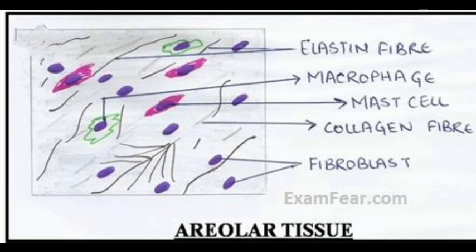Tendons are the connective tissue which attach muscle to the skeleton, or it may attach muscle to muscle also. And simply, ligament connects bone to bone. Blood is a fluid connective tissue.